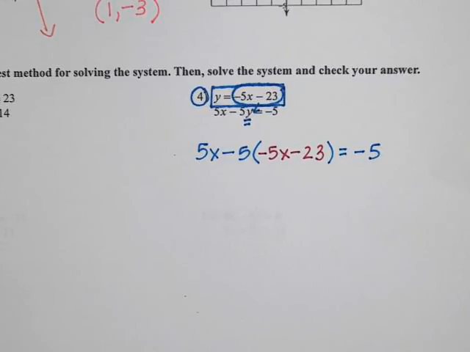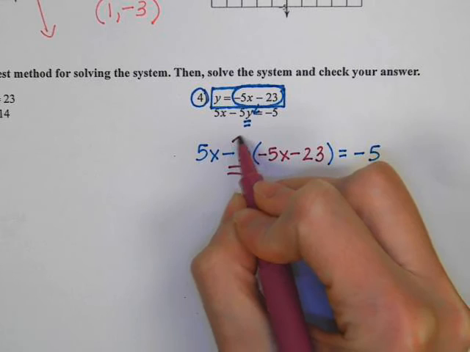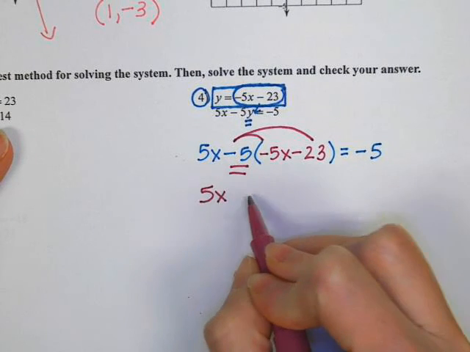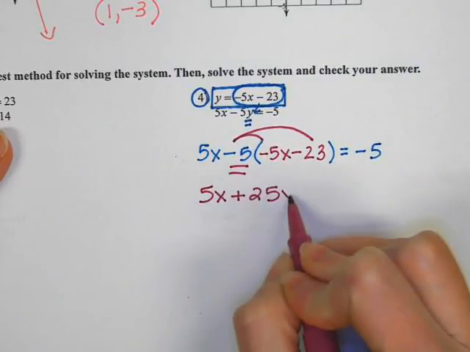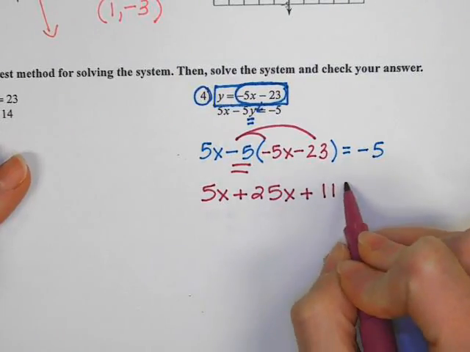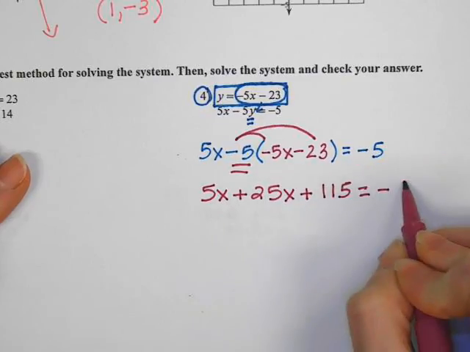All right, and then we have to distribute and combine like terms. So we're going to distribute a -5, and then we have 5x plus 25x plus, I think that's 115 equals -5.